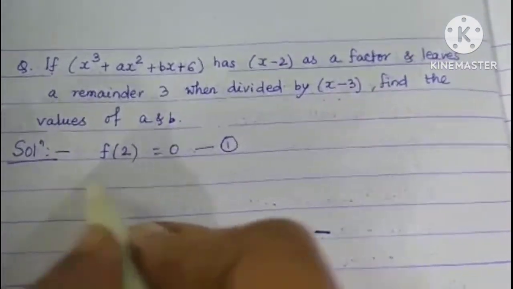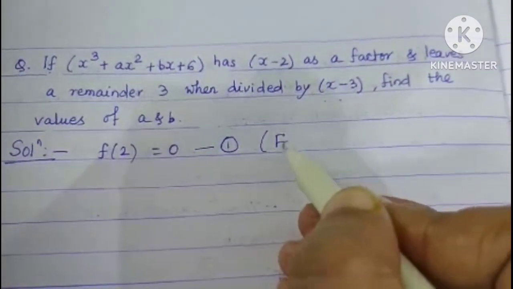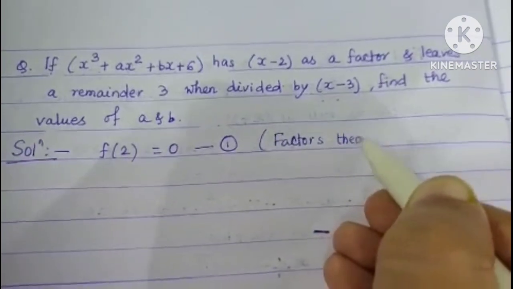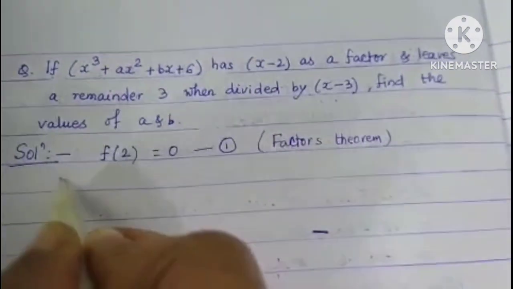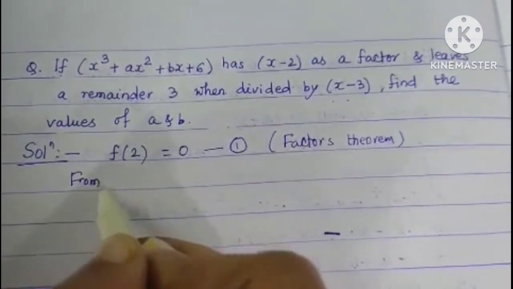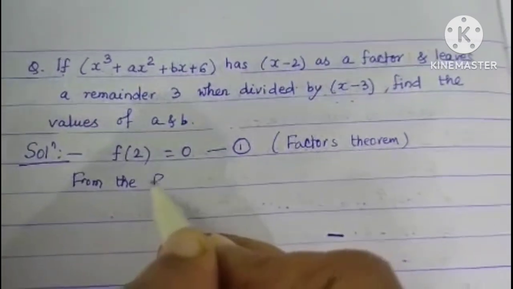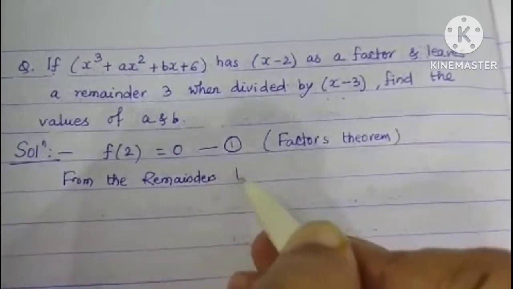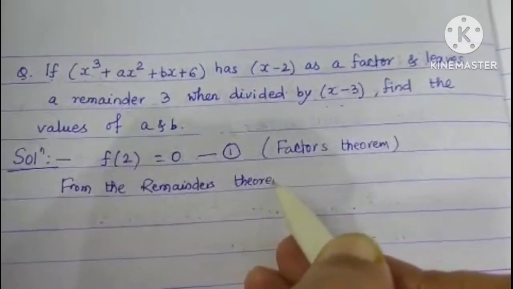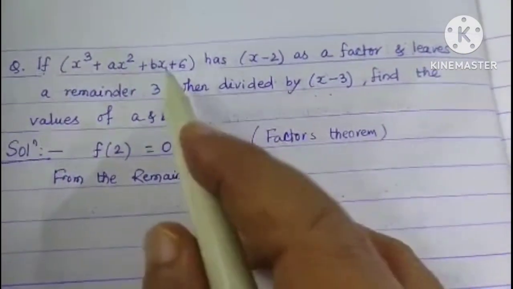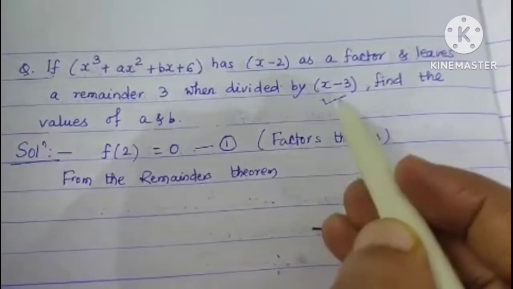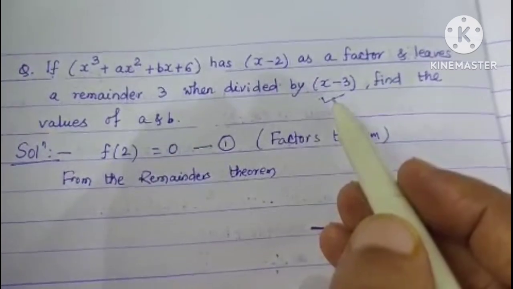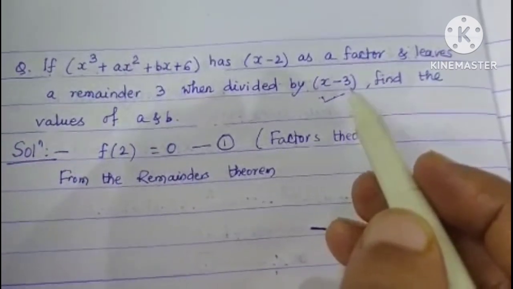So from the remainder theorem, this was from the factor theorem, this one we got from factor theorem. Now from the remainder theorem, what we know is that if f(x) is divided by x minus a, then the remainder will be f(a).